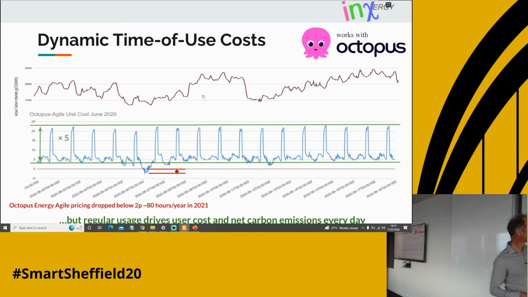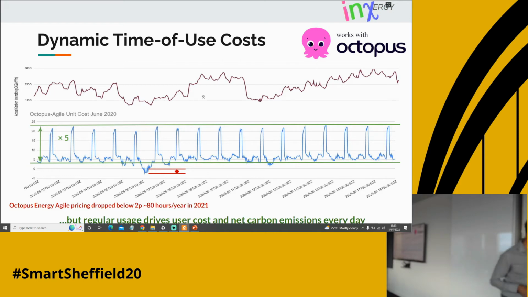And then every day it goes up to 5 times, fairly predictable. You know when it's going to happen from day to day. And even though you can't quite see the graph here of the carbon intensity, those peaks tend to be at the highest points of the carbon intensity as well. And these lower bits tend to follow the general trends.